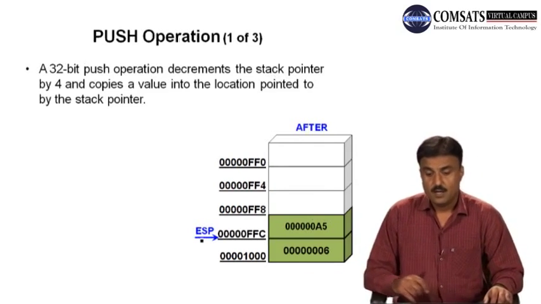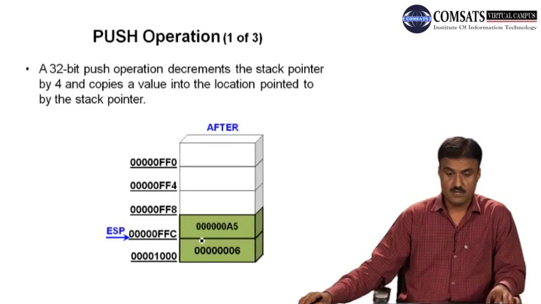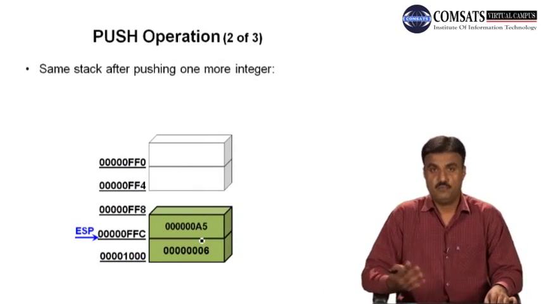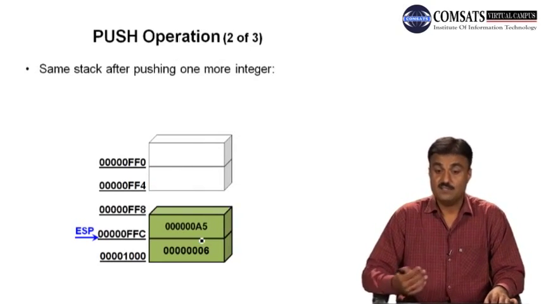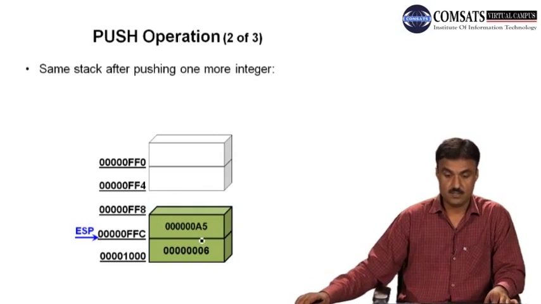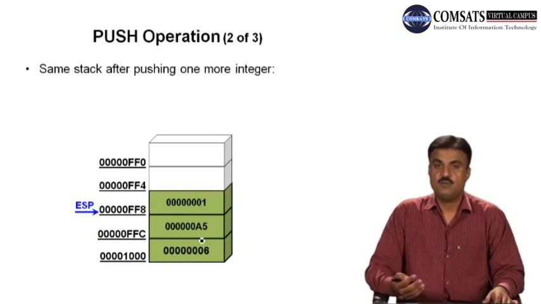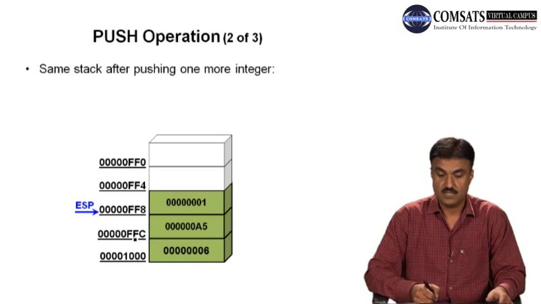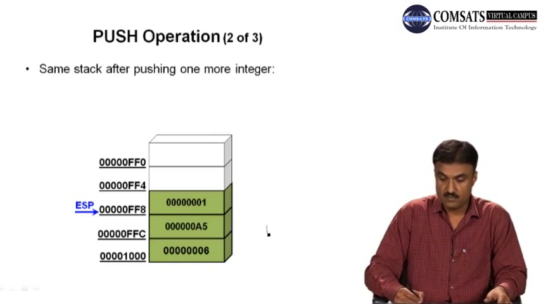Now what will happen if we push another 32-bit value? The stack pointer will automatically decrement by 4 bytes. The stack pointer was previously pointing to FFC, and then FFB, FFA, and FF9, and so on.